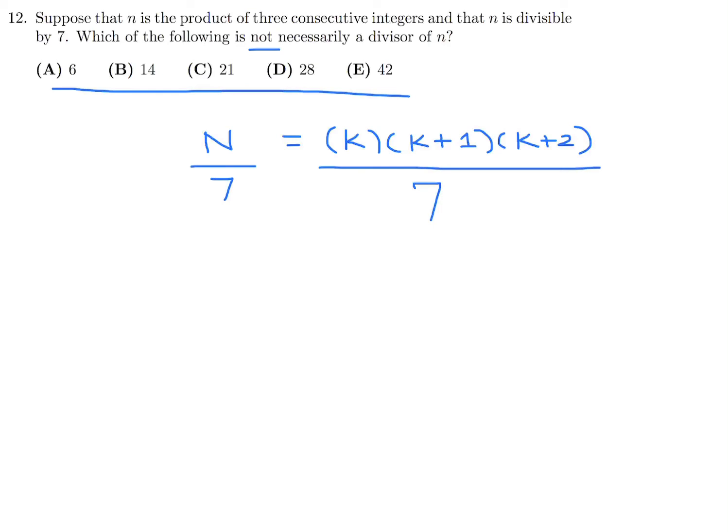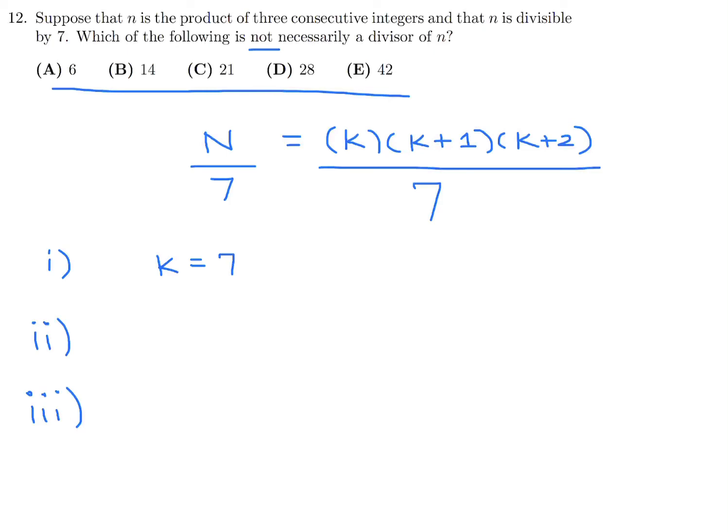All right, so we've got a few scenarios here. Scenario 1, scenario 2, and the third scenario. The first scenario is if n, which equals k times k plus 1 times k plus 2, has k as equal to 7 or some multiple of 7, right? 7 or 14 or 21 or something like that.